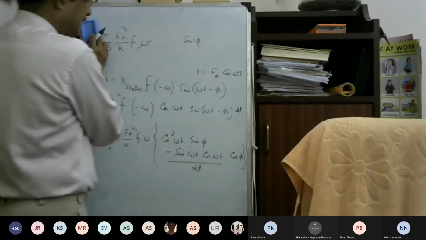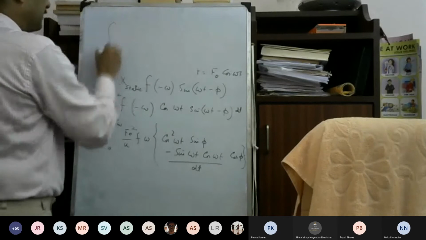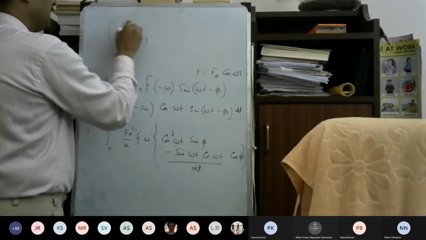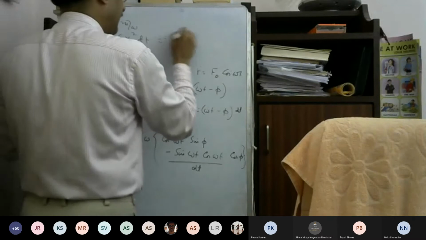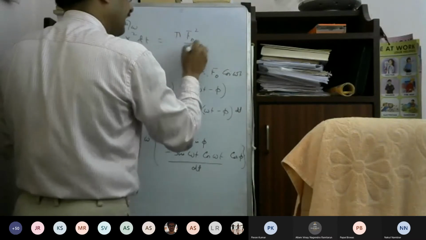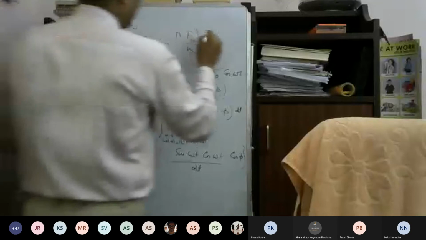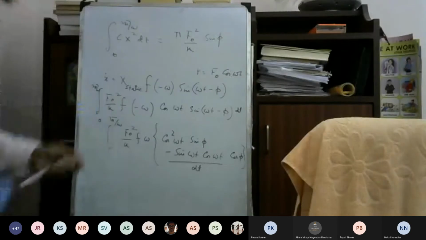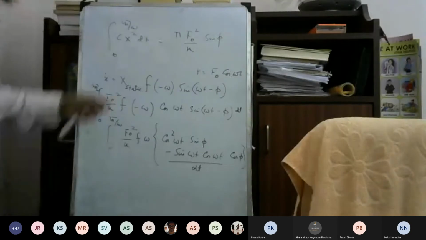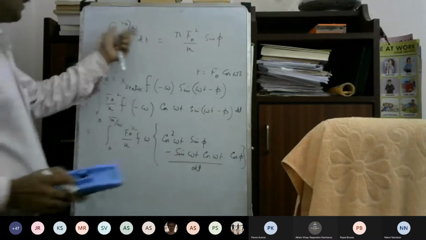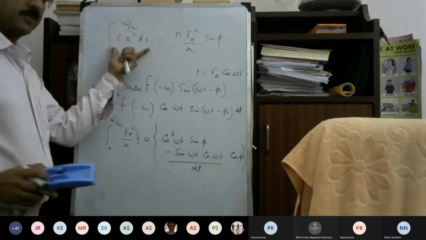Now we have, just let me write down. So this becomes the integral of c x dot square dt from 0 to 2 pi by omega, equal to pi f naught square by k times sine phi. Now you see one thing, the left hand side of this integral is actually a positive quantity. The integrand is positive, so this is always positive.